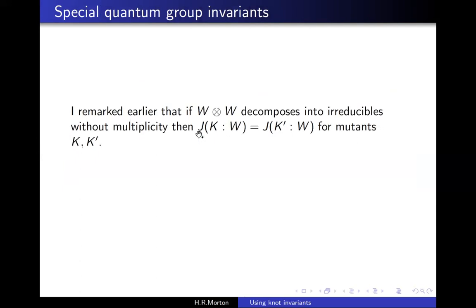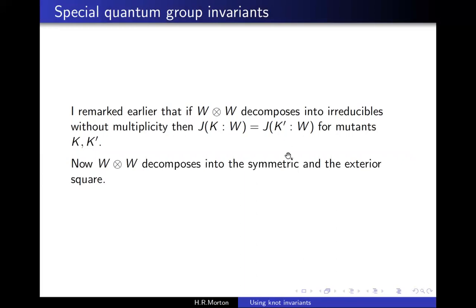Now, I did note earlier that if W tensor W decomposed into irreducibles without multiplicity, then the invariant would not tell mutants apart. W tensor W, though, breaks up, first of all, in a two-stage process.